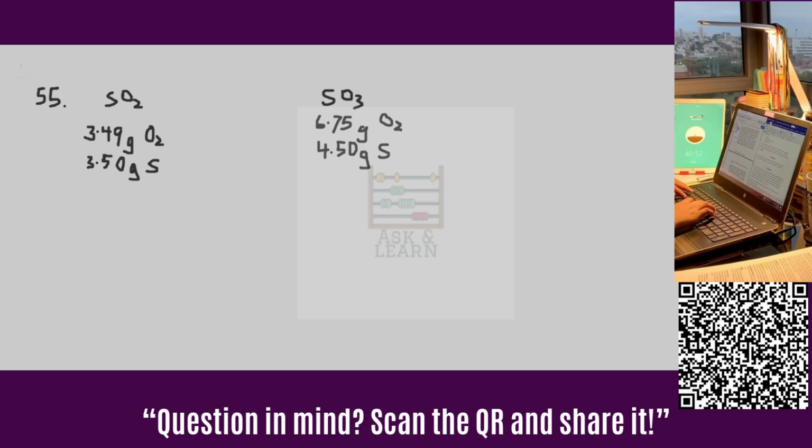And for the second component, we have to show that these results are consistent with the law of multiple proportions. So essentially, we have to show that upon forming these two compounds, the ratio of oxygen to sulfur for the two samples is a ratio of whole numbers, right?